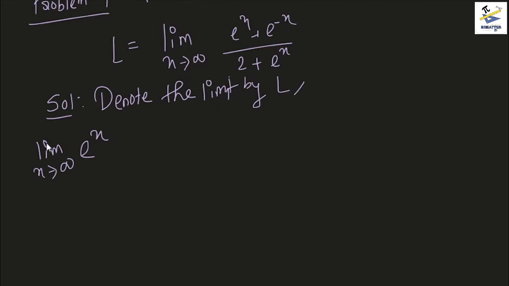When this happens we give the answer as plus infinity, right? But if it is like the limit as x tends to infinity of e to the power minus x, then the answer becomes 0. These are some of the things that we need to understand in order to do this problem.